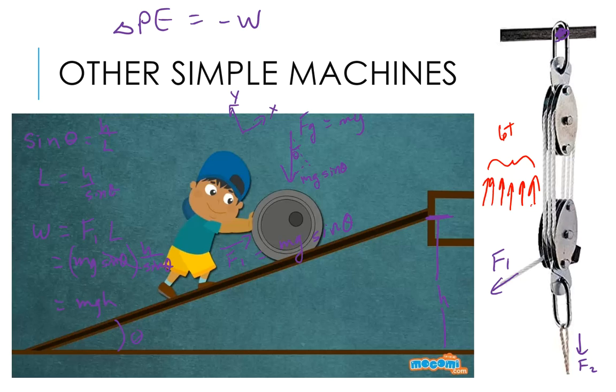So I put in a force of tension and it goes up with 6 times that force. Which means that if I pull with a force of 50 newtons, how much force can I raise? 300. So yeah, the mechanical advantage is 6 here.